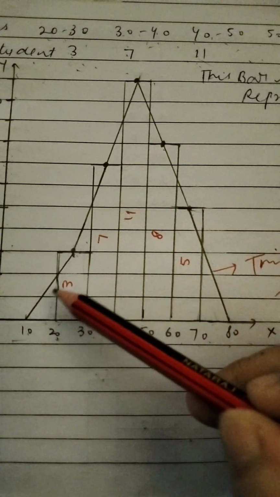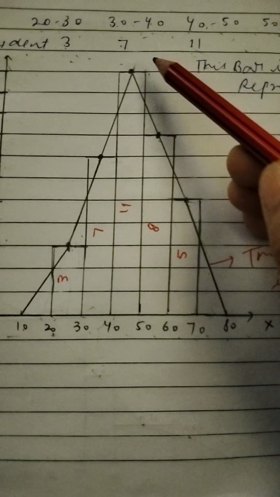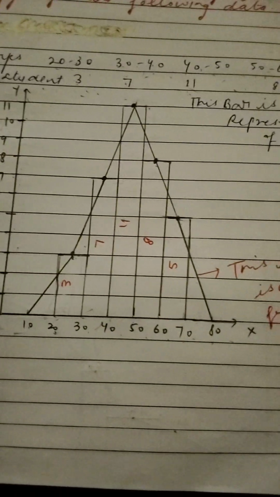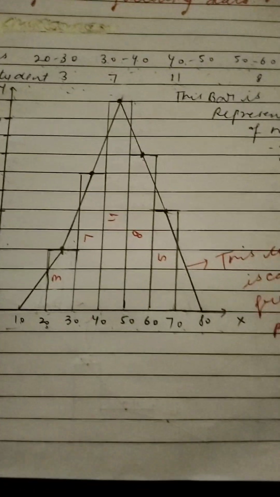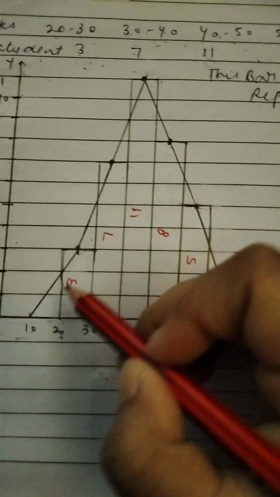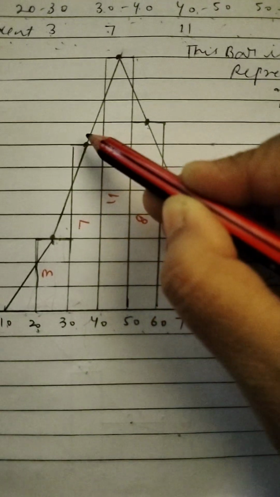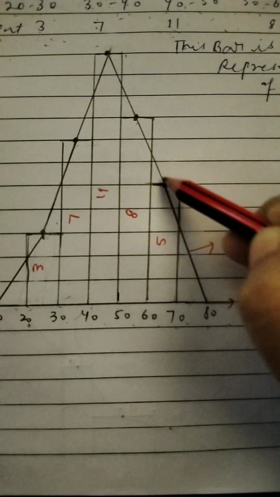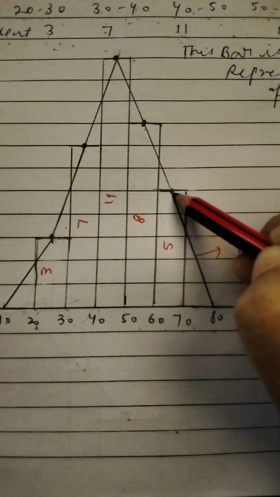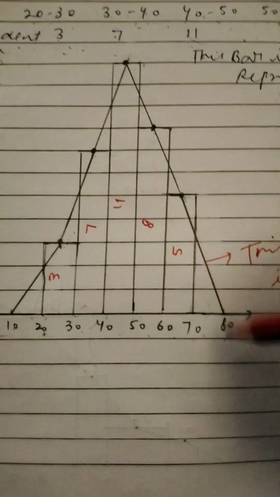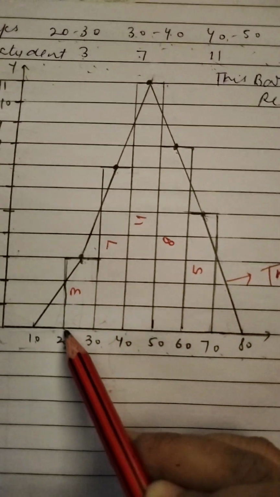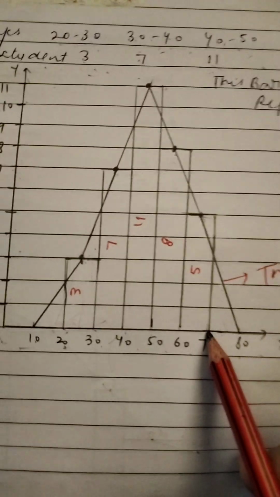Okay, so you have to use a scale. You can't do it freehand; when we solve freehand, that becomes a frequency curve. So whenever we are solving for a polygon, you have to use a scale. How to use the scale? This point to this point, this point to this point, and so on. Till now we have data, but this part and this part are pending, because our intervals start from 20 and end at 70.